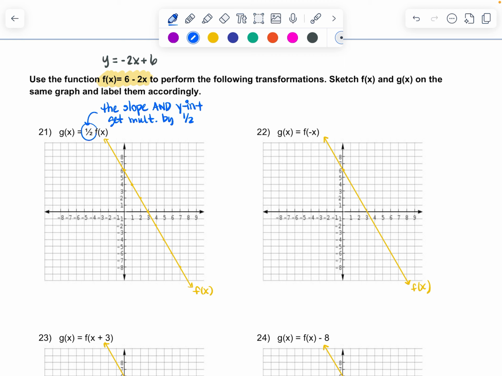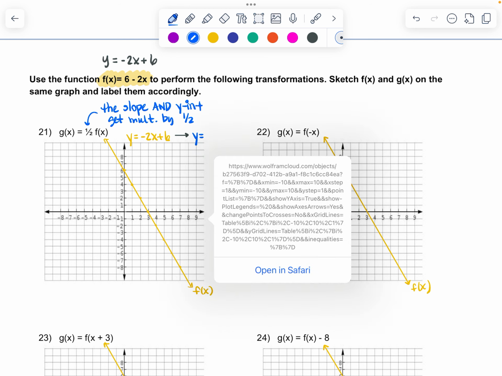That multiplier is affecting both the slope and the y-intercept. So let's think about that. If our line is y equals negative 2x plus 6, if I half the slope, well, the slope was negative 2, but now it's going to become negative 1.